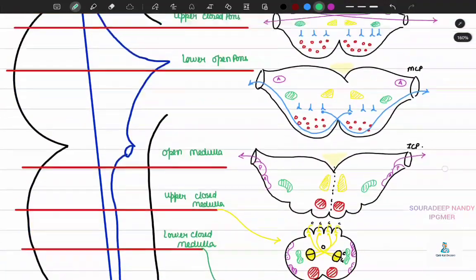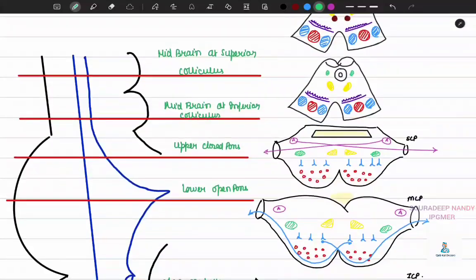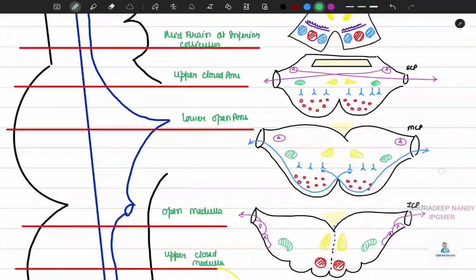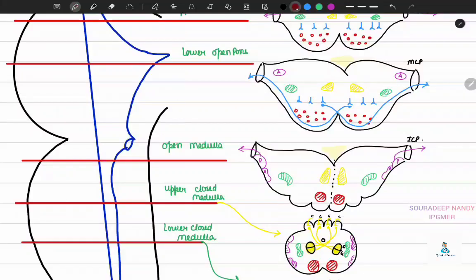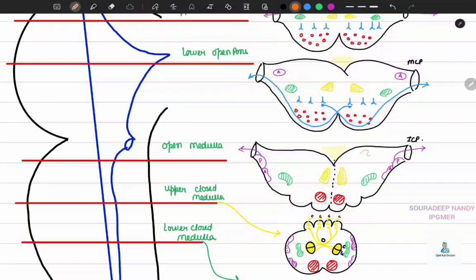Now let us discuss the various entries and various levels of the cranial nerves. So first at the level of open medulla, three nerves exit. That is 9, 10, 11. Cranial nerves 9, 10, 11 exit through different levels because they have a common nucleus called nucleus ambiguus.